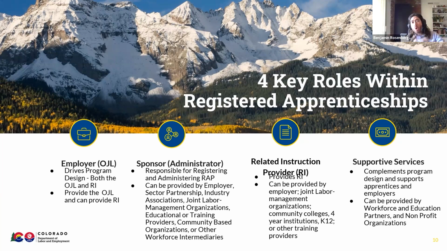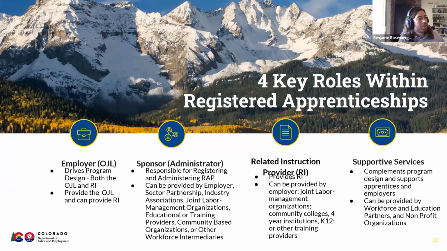And the third most critical part of an apprenticeship program is the related instruction provider, who again is providing some education base. So often that education base is meant to complement the on-the-job learning. So they might go over some food safety techniques before you get into a kitchen and start actually doing the on-the-job learning in the kitchen. The related instruction provider might provide some basic food safety education courses beforehand or something like that.